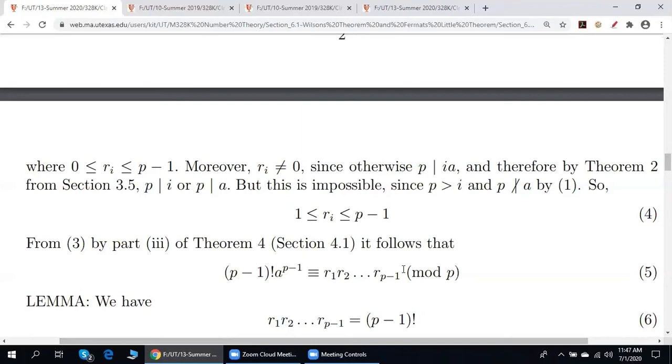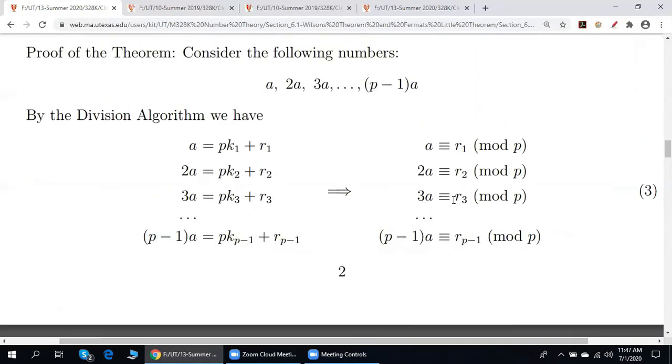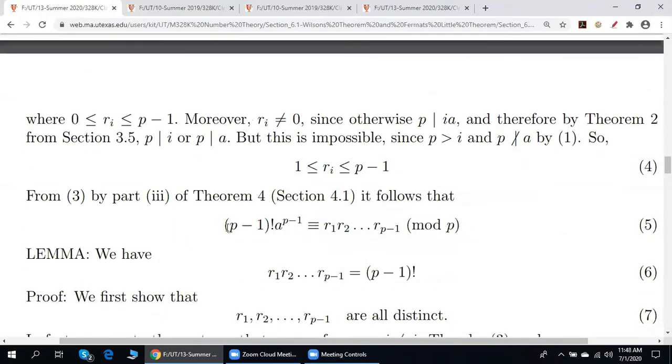Next. As we discussed, if we multiply out all these congruences, we get this. Now, lemma. We prove that this product, which is over here, is equal to P minus 1 factorial.